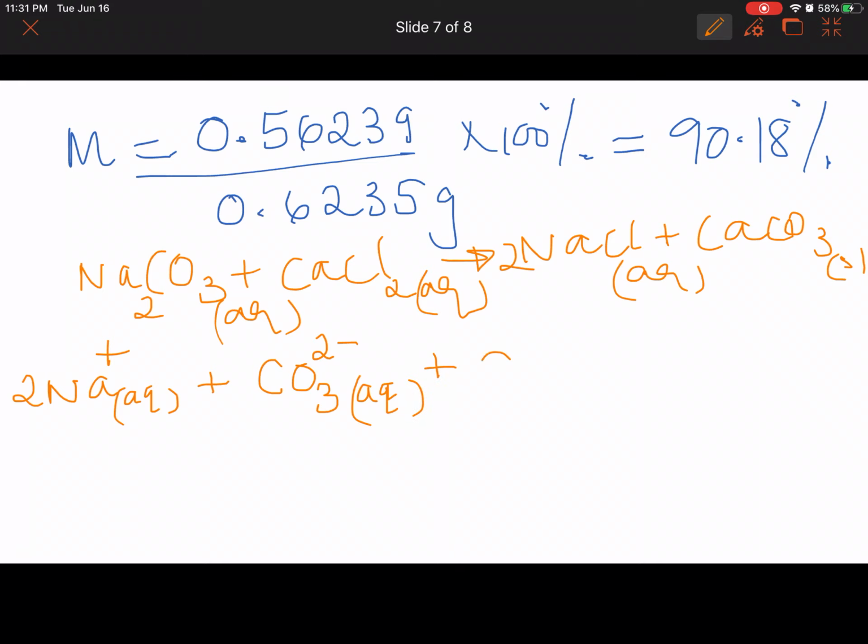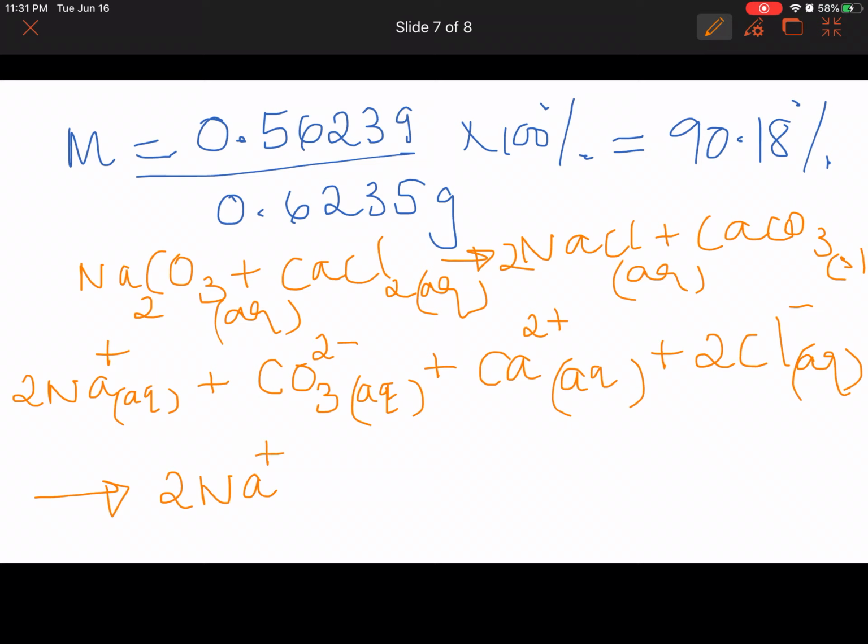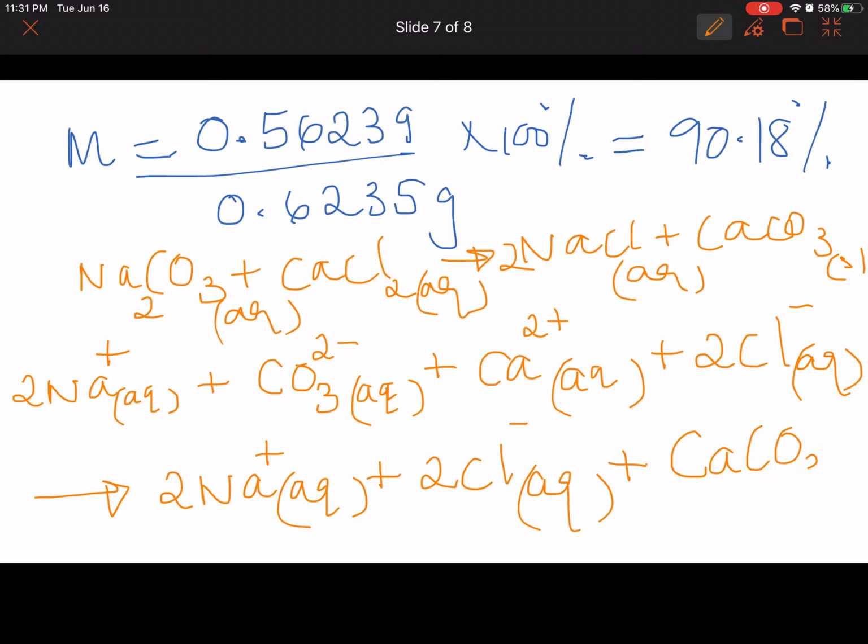And then calcium chloride: calcium has a plus 2 charge, aqueous, plus 2 chloride, 2Cl minus. That's going to be your reactants. And then the products: we have 2 sodium ions, aqueous, plus 2 chloride ions, aqueous, and then calcium carbonate is a solid. The solid is going to stay as a solid, and we're not going to write separated ions. So that's going to be your total ionic equation.